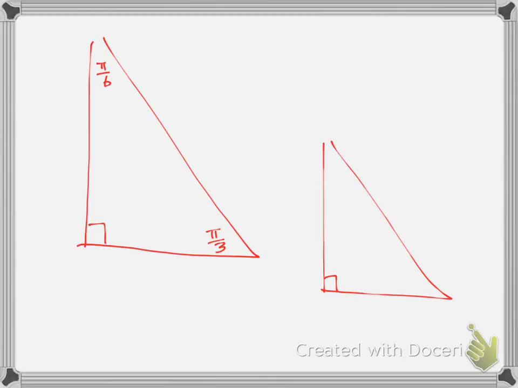So what are the sides? 1, 2, square root of 3. Each one of these angles on the 45, 45 become pi over 4 and pi over 4, with sides 1, 1, square root of 2.